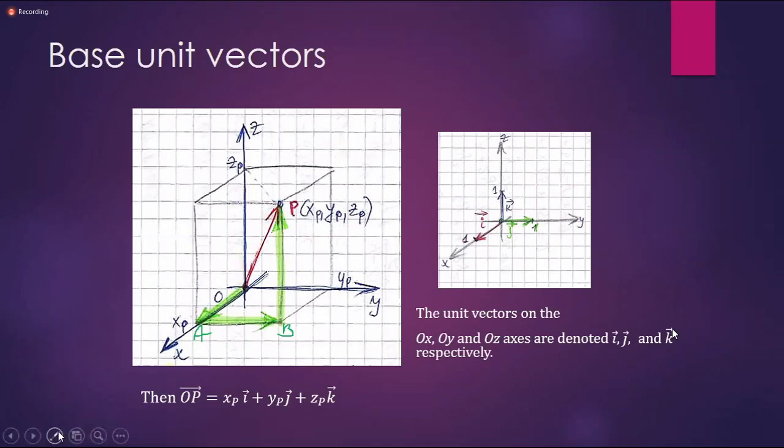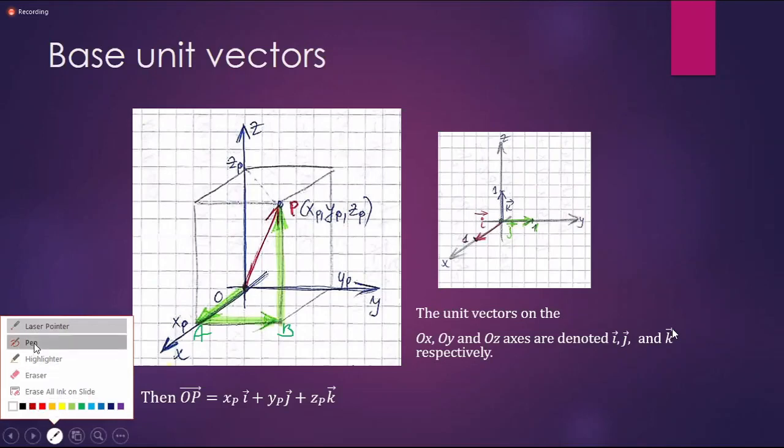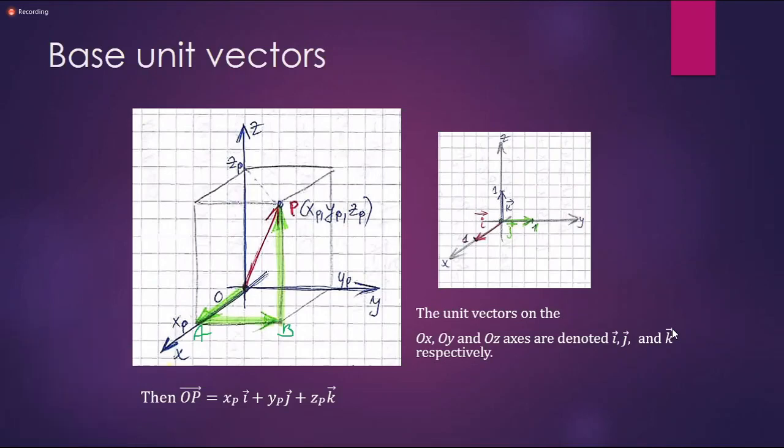For example, if the coordinates of the point P are, let's say, 2, 3, 4, let's just take an example. So if the coordinates of P are 2, 3, 4, it means that we have 2 on the x-axis. We would have 1, 2, 3 on the y-axis, and we would have 1, 2, 3, 4 on the z-axis.